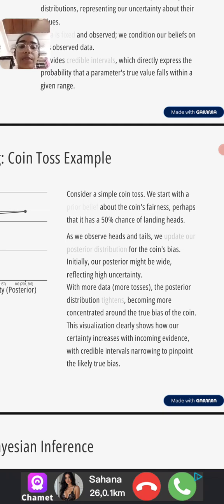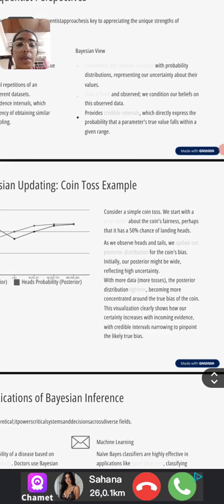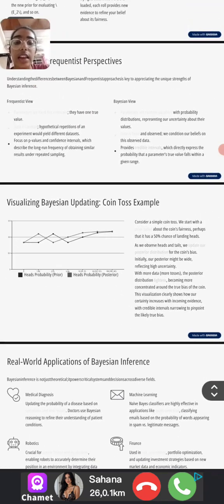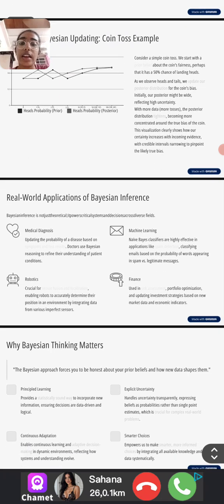With more data, more tosses, the posterior distribution tightens, becoming more concentrated around the true bias of the coin. This visualization clearly shows how our certainty increases with incoming evidence, with credible intervals narrowing to pinpoint the likely true bias.